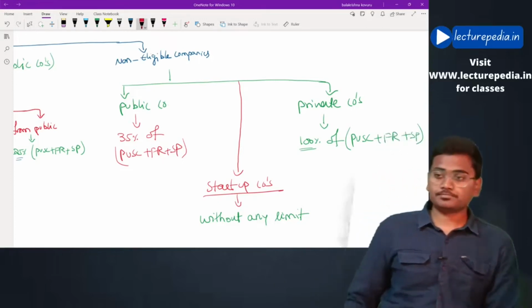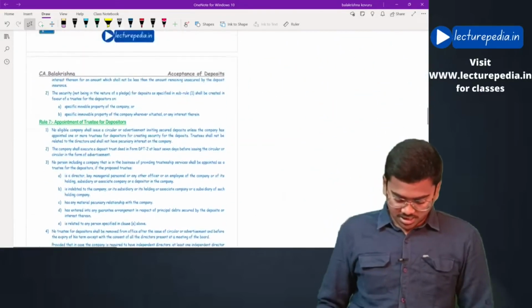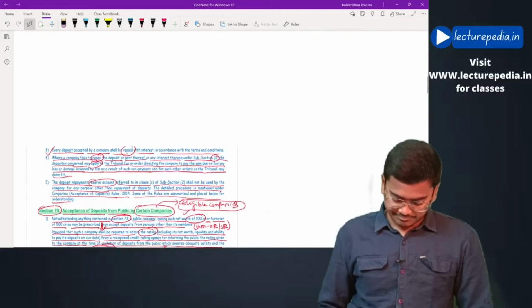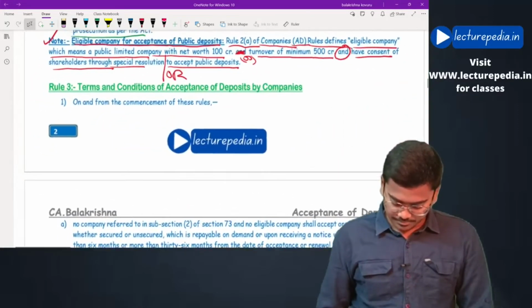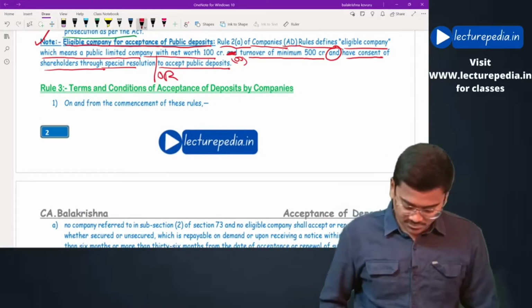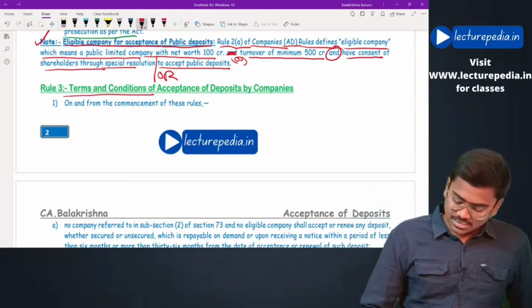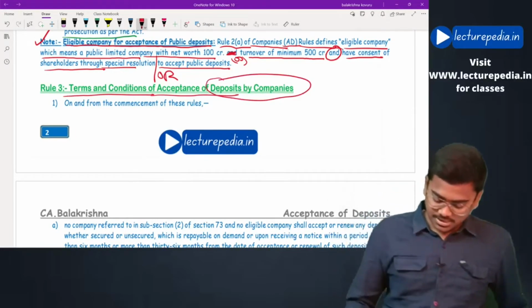Okay. Now, the same points we will see here. See, terms and conditions of acceptance of deposits by companies. What are these terms and conditions?